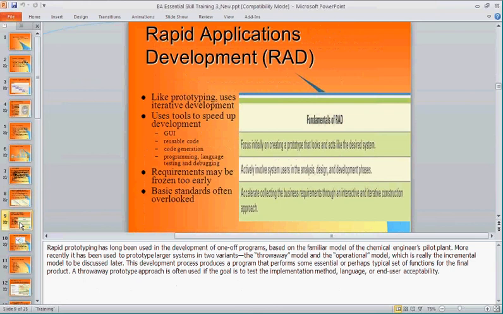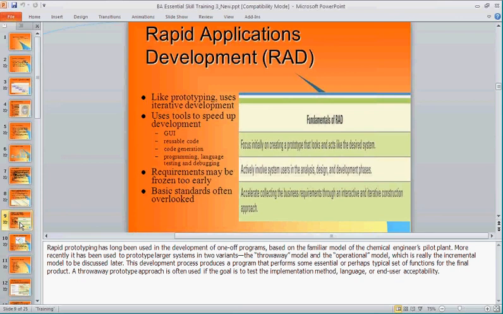Okay. Well, the next methodology that we will talk about, and we discussed this a little bit yesterday, is rapid application development, right? So in rapid application development, we want to be able to develop something real fast. Now, when we want to develop something real fast, it would help if we had some components of it ready. Yes or no?